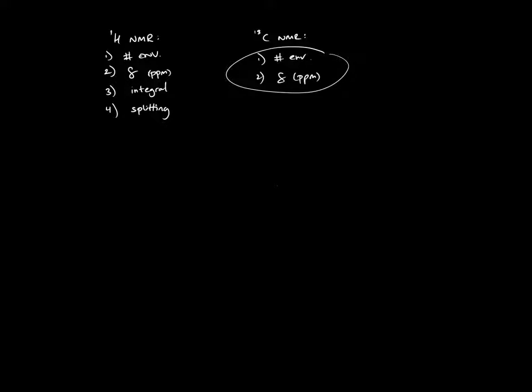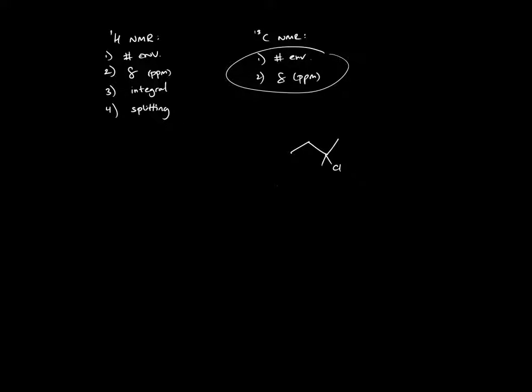So here's what we're looking for. The number of environments in carbon NMR is exactly the same as the number of environments in the hydrogen NMR. That is to say, you're just basically counting the number of carbons that are showing up. So for this molecule right here, when we did hydrogen NMR, we would draw in all of the hydrogens and count out how many environments there are.